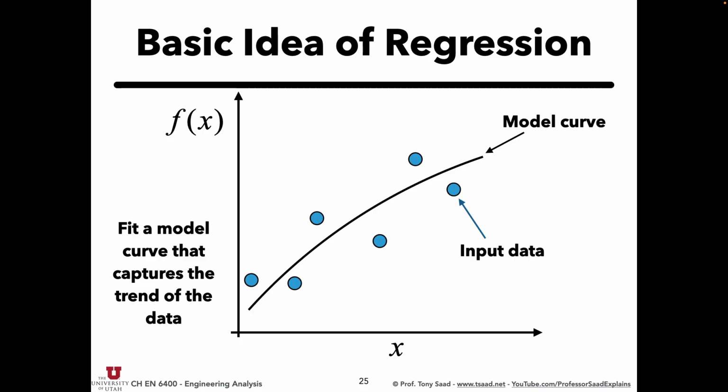If you're fitting a straight line, you have two parameters, the slope and the intercept. If you're fitting a combination of logarithms and exponentials, maybe you have 2 or 3 parameters. Then you adjust those parameters, essentially move and twist the curve, so that you minimize the average distance between your model curve and the input data. That's what regression is doing.